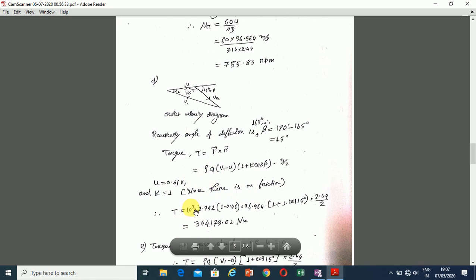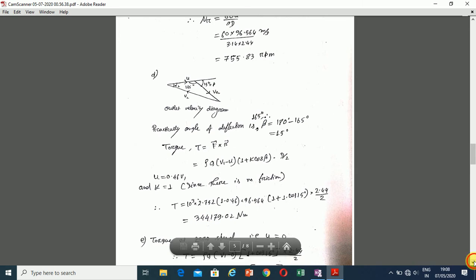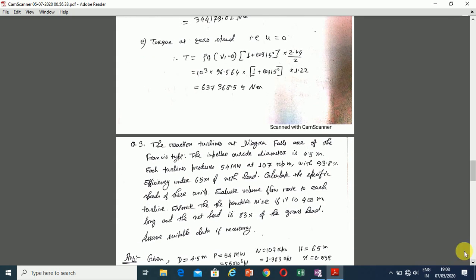So we get torque is equal to rho is 1000, q is 2.752, (V1 minus 0.46 V1), V1 is common, 96.564, (1 plus k is 1, cos 15), that is beta, runner vane angle, D is 2.44 divided by 2. That is torque is equal to 344,179.02 Newton meter.